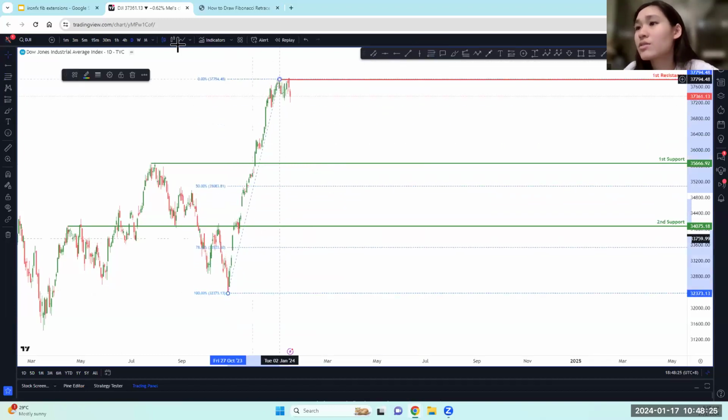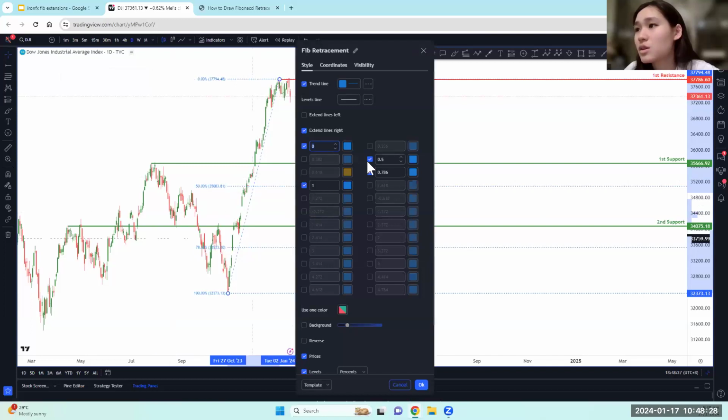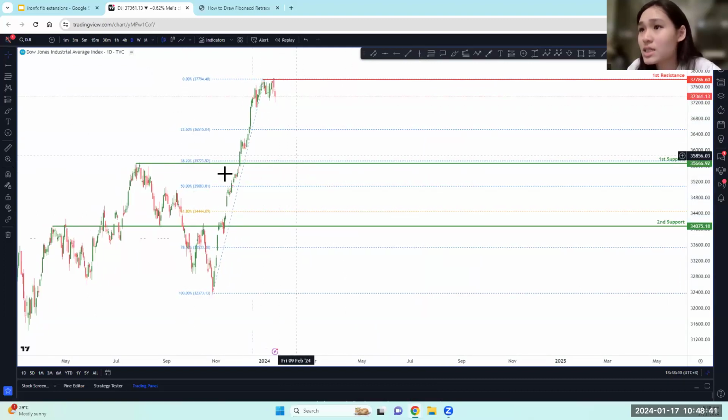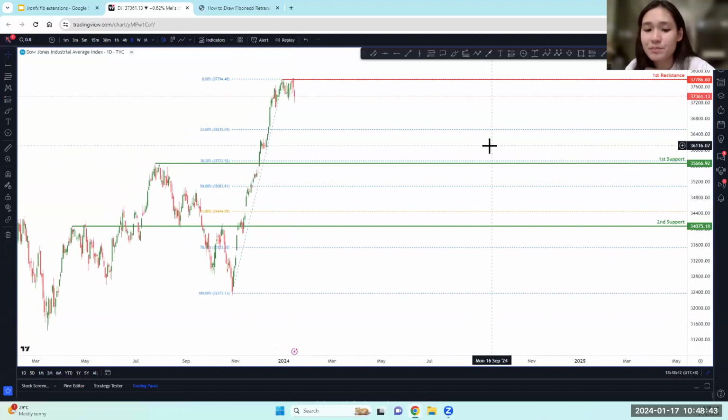So if we're looking at our retracement, we're looking at the mid-range first. We have these 5 levels, 23.6 to 78.6, and I can see that my 38.2 lines up nicely with my first support.